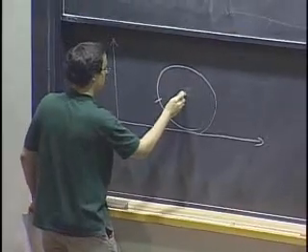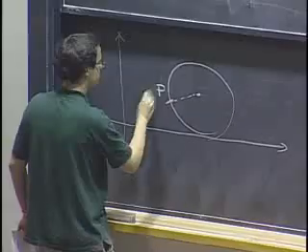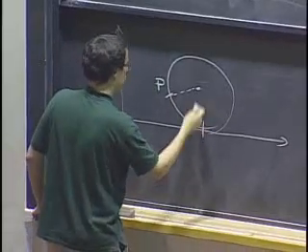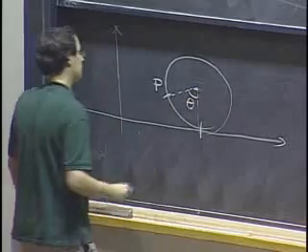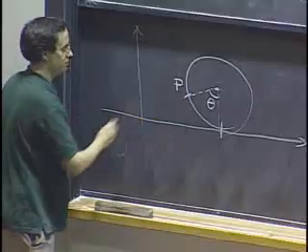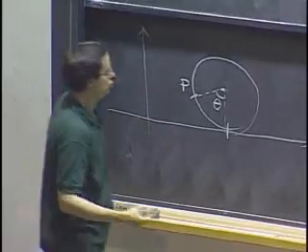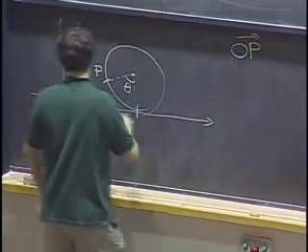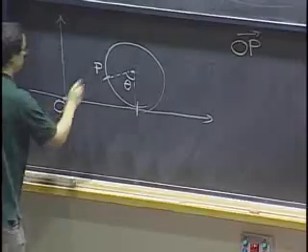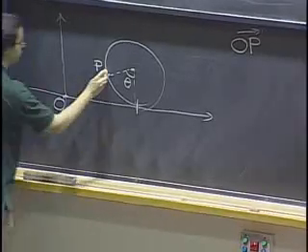So maybe my point P now is here. And so the wheel has rotated by this angle here. And I want to find the position of my point P. Okay? So the position of this point P, that's going to be the same as knowing the vector OP from the origin to this moving point.